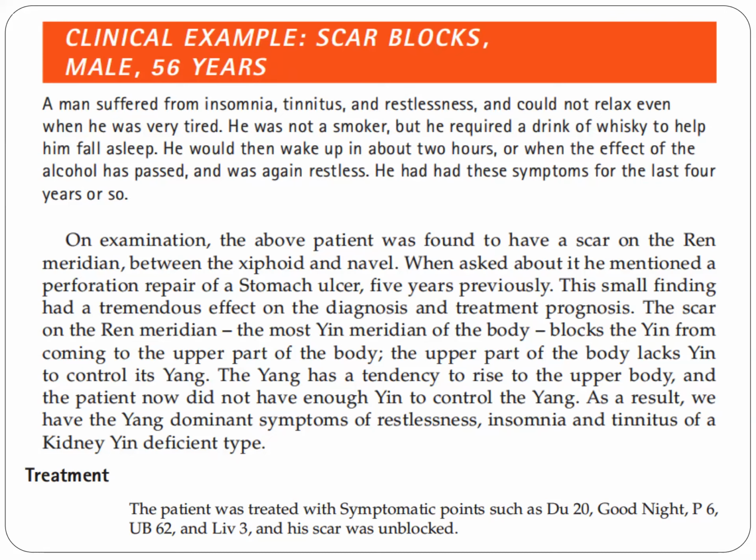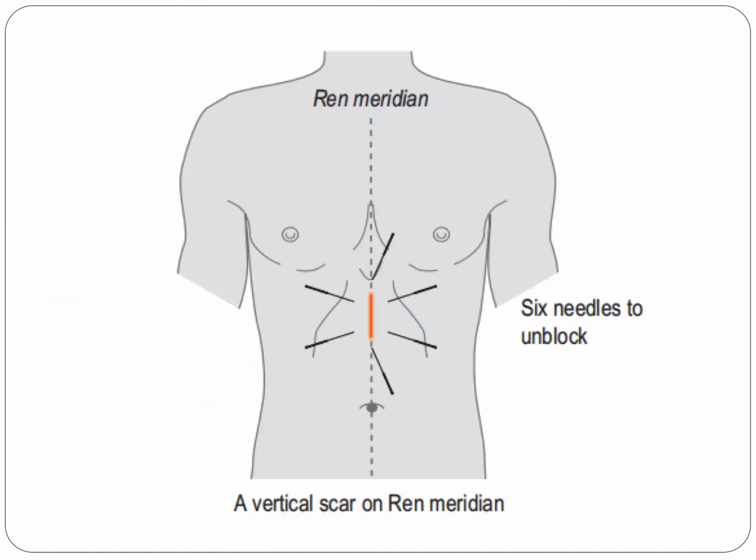So in treatment, the patient was treated with symptomatic points such as DU20, Good Night, PC6, UB62, and Liver 3, and this scar was treated. So here, the Ren meridian, the one in the middle, and we use 6 needles to unblock the vertical scar on the Ren meridian.